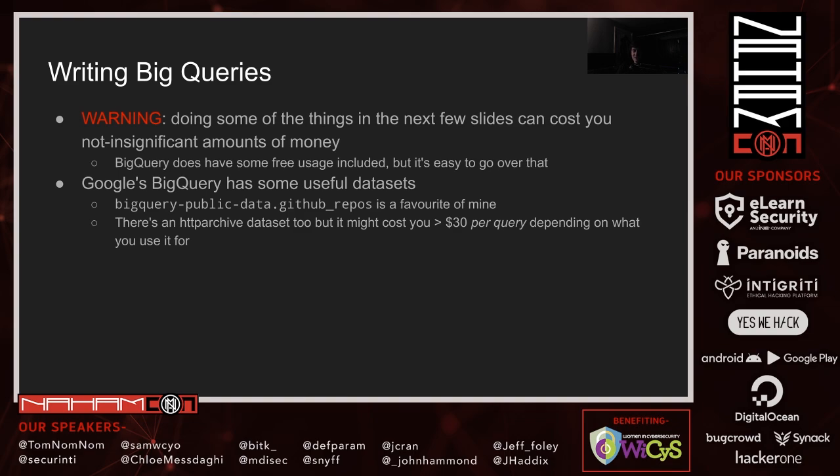The tables I was looking at recently were approaching 10 terabytes. So if you queried a significant fraction of them, you'd be looking at $30, $40, maybe $50 per query. So do be careful, and use the sample tables to get your queries right before you commit to running them, and then hopefully maybe they'll make you your money back afterwards.